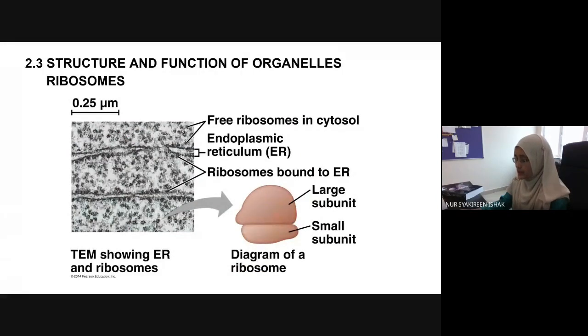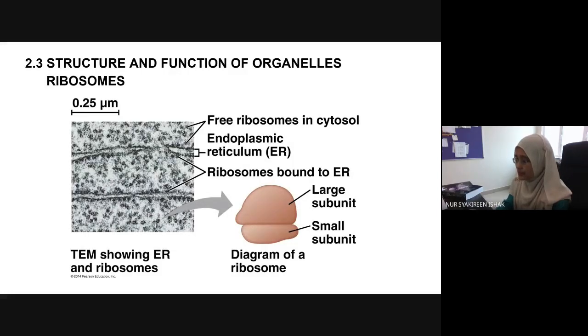Okay, so this is to show you the image of ribosome that is seen under an electron microscope. These are free ribosomes, scattered in the cytoplasm.